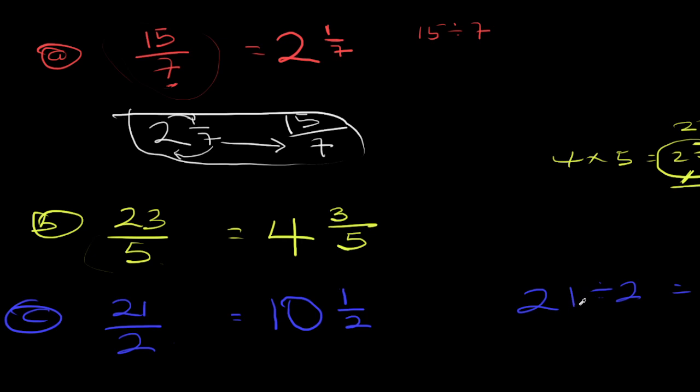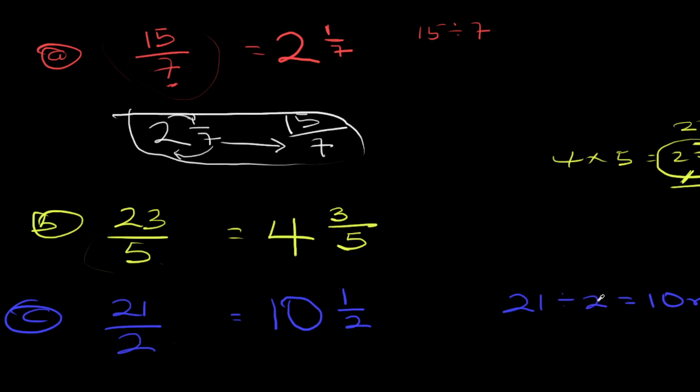What I wrote does not appear in the video. It appears on my screen though. So I said when we divide 21 by 2, it gives us 10, remainder 1. All right. So 10 becomes a whole number. 1 is the numerator, and our denominator here will always not change.